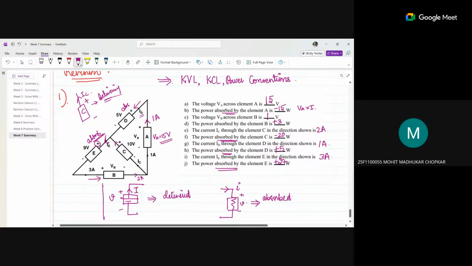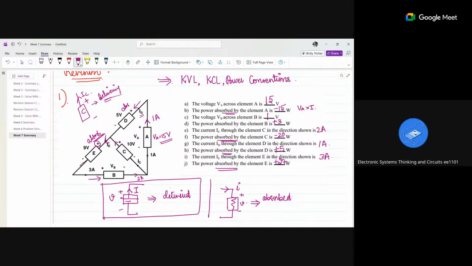I thought that 3 ampere is leaving. No, remember this. The 3 ampere is leaving the negative terminal, with respect to the positive terminal it is entering. So it is absorbing the current of 3 ampere. Here the current is coming out of the plus terminal, and the same current is entering the negative terminal.